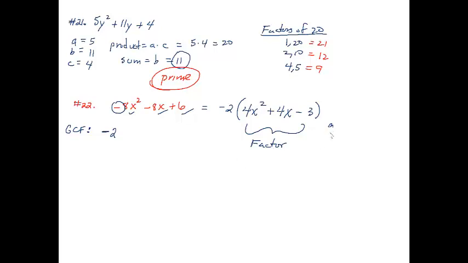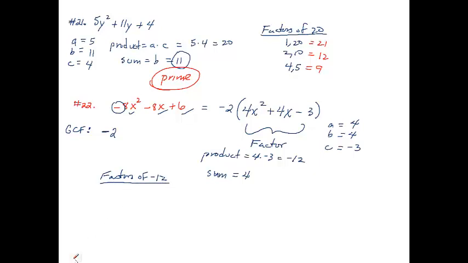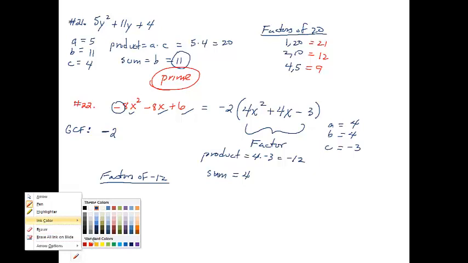So I need the a, the b, and the c. Well, the a is 4, the b is 4, and the c is negative 3. So your product is 4 times negative 3, which is negative 12. Your sum is b, which is 4. Now let's see what our factors of negative 12 are going to be.